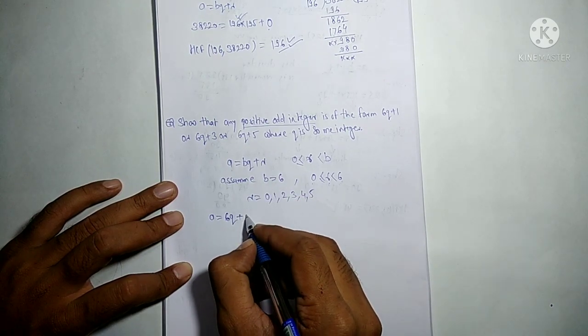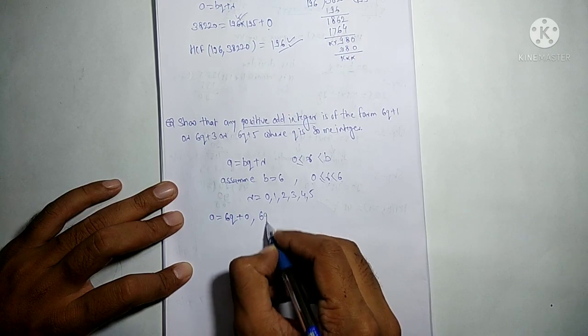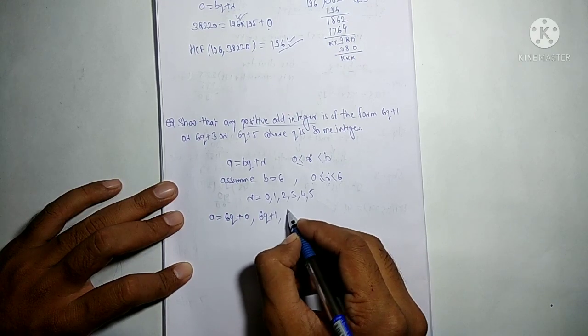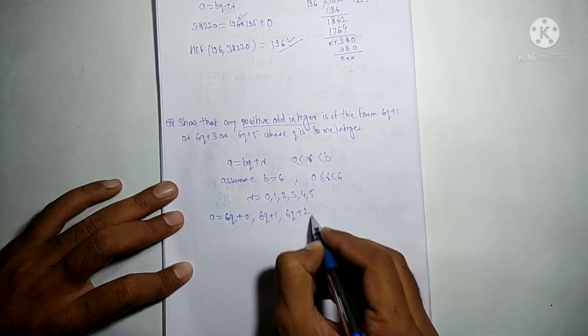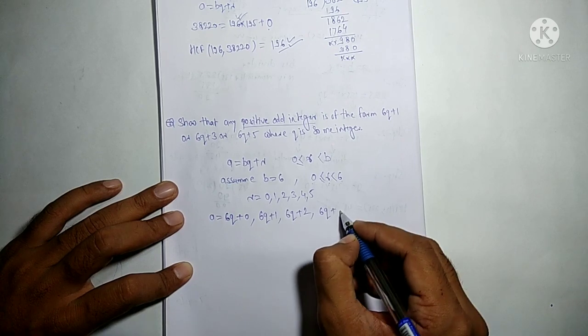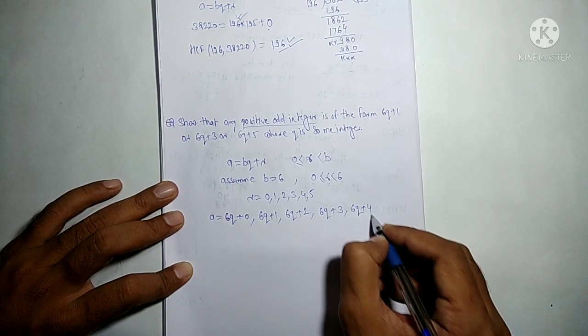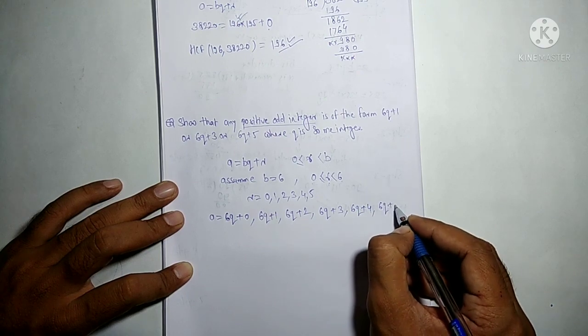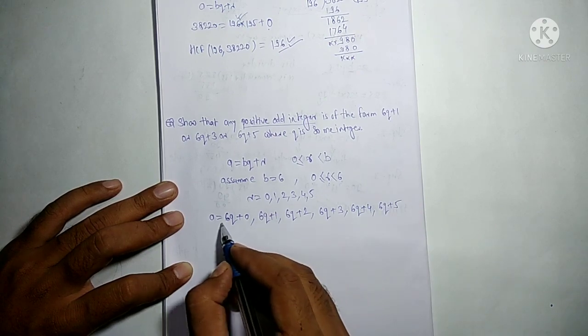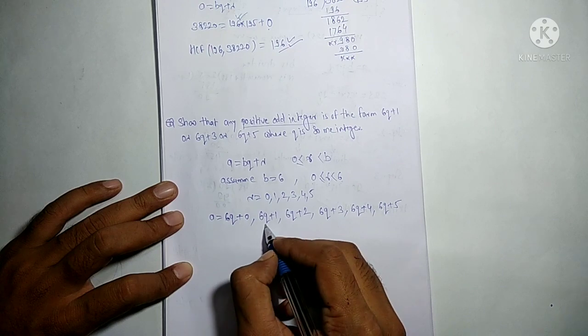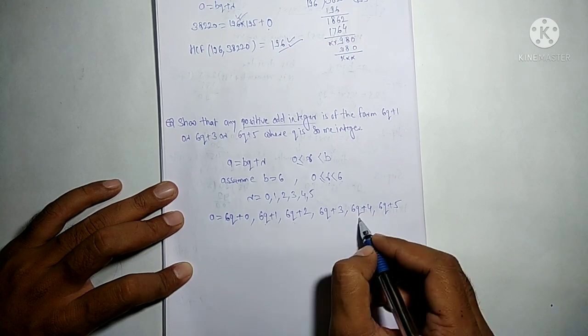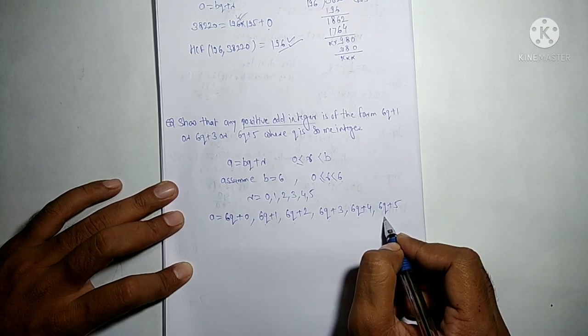Here 0. Next 6q plus 1, 6q plus 2, 6q plus 3, 6q plus 4, 6q plus 5. These are different values: 6q, 6q plus 1, 6q plus 2, 6q plus 3, 6q plus 4, 6q plus 5.